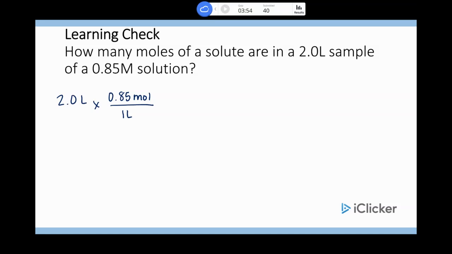So now we're doing 2 times 0.85, and this gives you 1.7 moles of solute. We've canceled out units of liters, so we're left with moles there. Questions on this or the last slide?